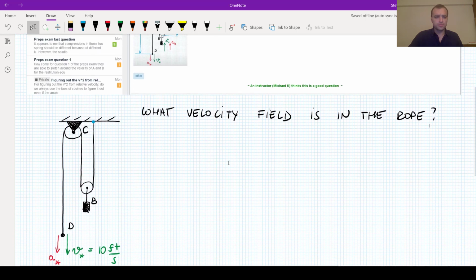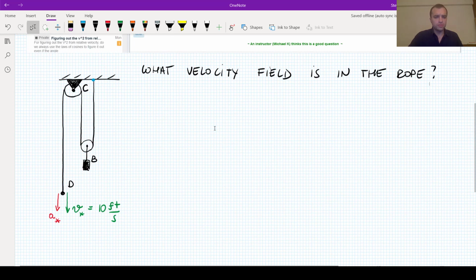Okay, as you can see, I copied this picture here, and this rope can be divided into three chunks. First chunk will be from point D, so this point, to point Q. So it will be this chunk.